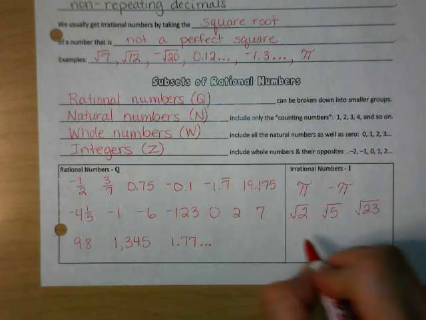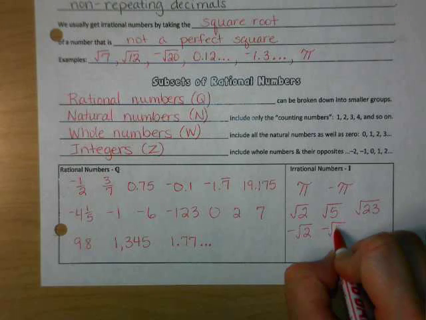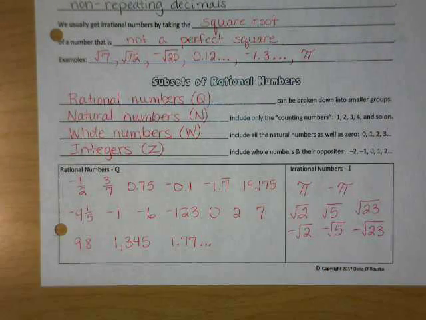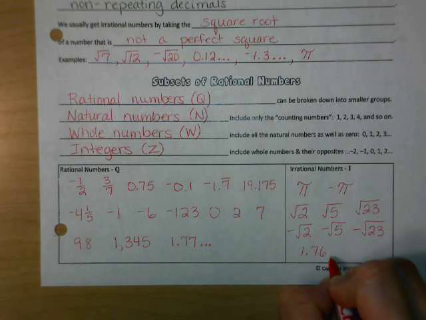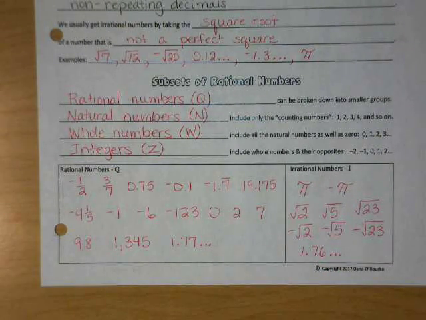Also, they're opposites. The opposite of the square root of 2, and the opposite of the square root of 5, and the opposite of the square root of 23 would all also be irrational. My final example for irrational numbers is going to be a decimal that doesn't stop, which you can see by the ellipsis, and it does not show any repetition either.